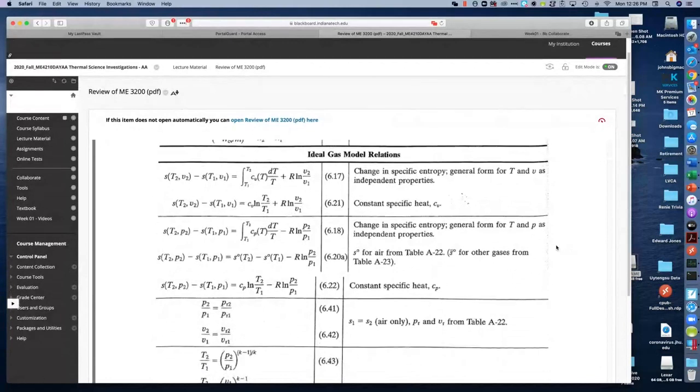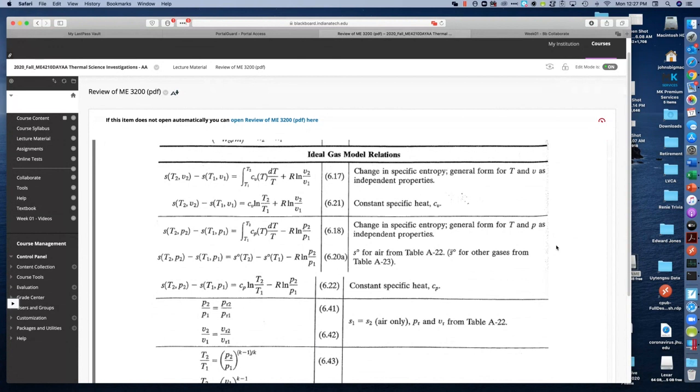Now, when we're dealing with ideal gases, once again, if we're interested in the change in entropy, unlike the case when we had internal energy and enthalpy, which are only a function of temperature, now we have entropy that is a function of both temperature and pressure, or temperature and volume.